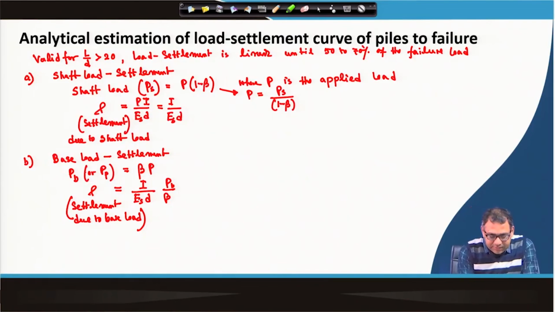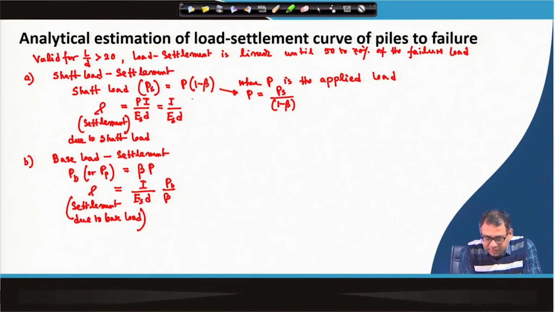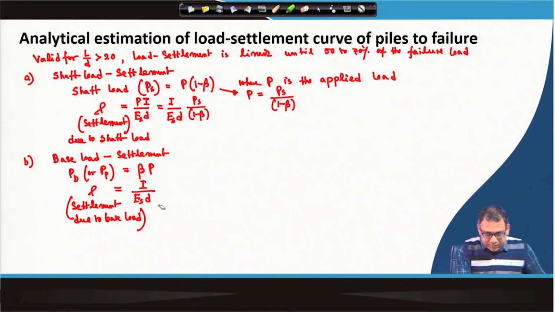Because the equation is given, the settlement is P I by Es d. So, this P we are replacing with Ps divided by 1 minus beta. Similarly, here also this is P I by Es d, so that P we are replacing with Pb. So, this will be I by Es d into Pb divided by beta.